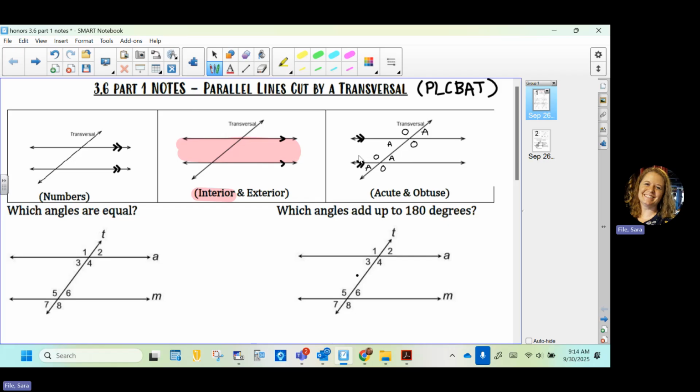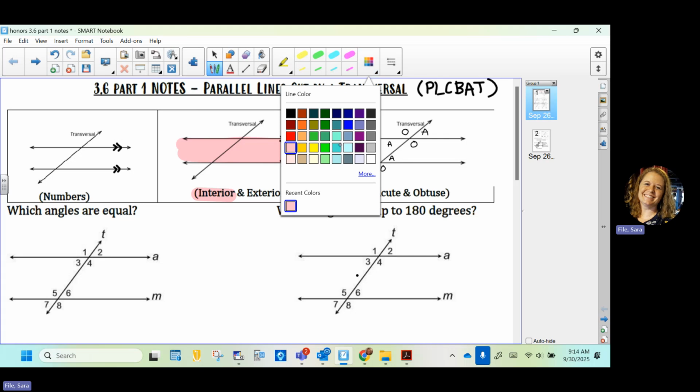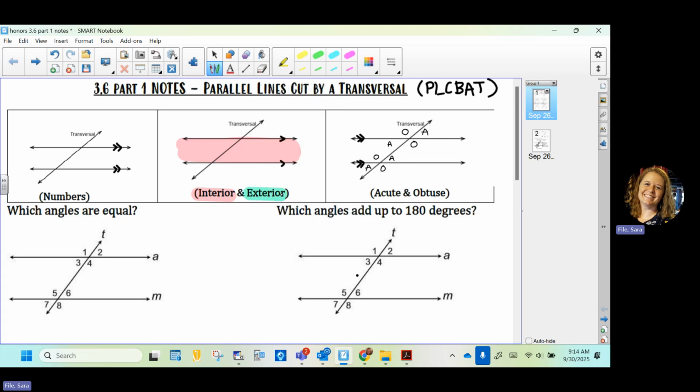There are 4 angles that are interior: these 2 at the top intersection and these 2 at the bottom intersection. That is the interior, inside the parallel lines. And then exterior is exactly what it sounds like. It is outside the parallel lines. So these angles out here and here are your exterior angles.